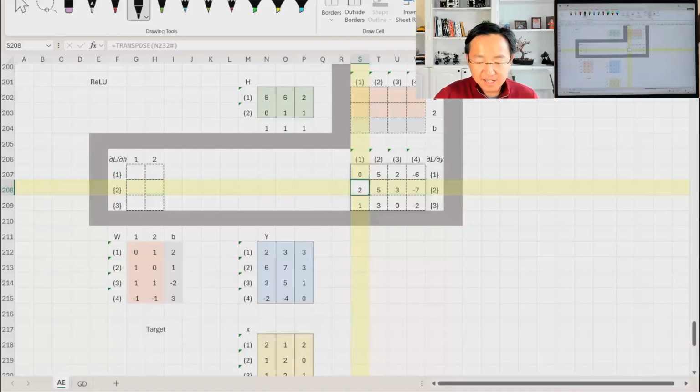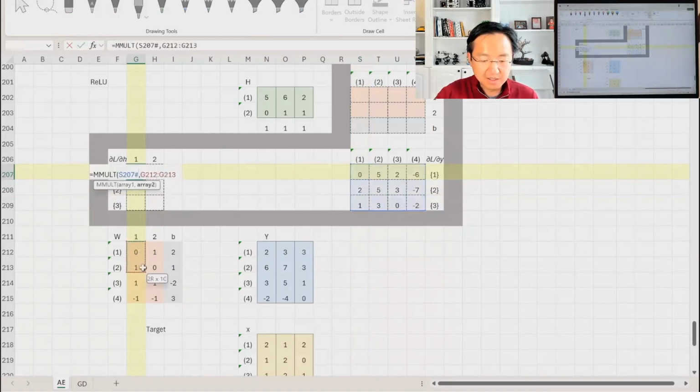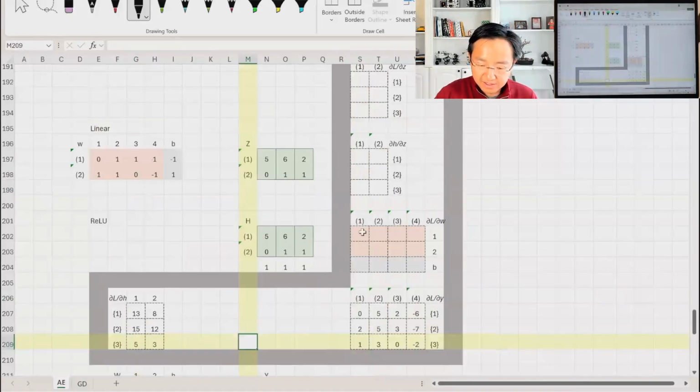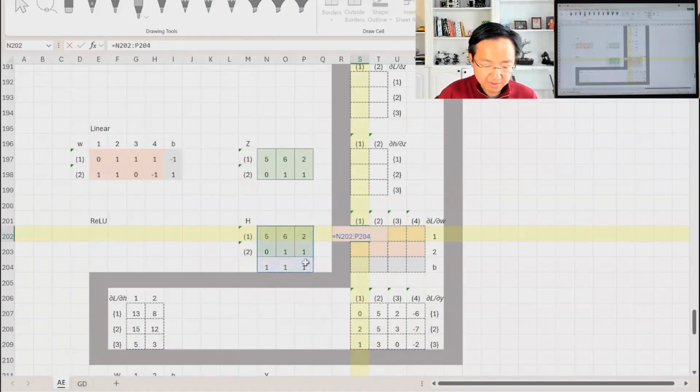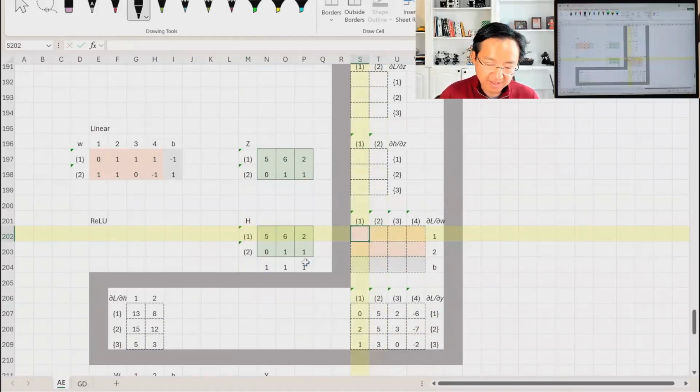Then everything else is mostly matrix multiplication, so I'm going to do it very quickly. Because it's upside down, I actually had to select this first, and comma, and select this weight, and got this. And then this is going to be a matmul, and matmul.